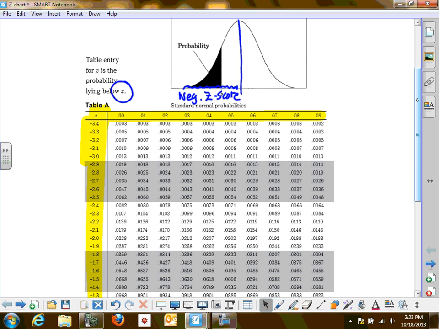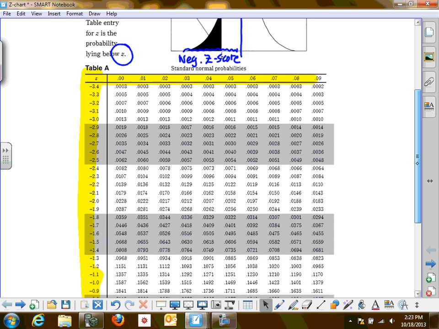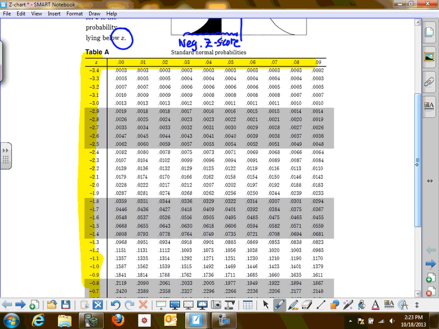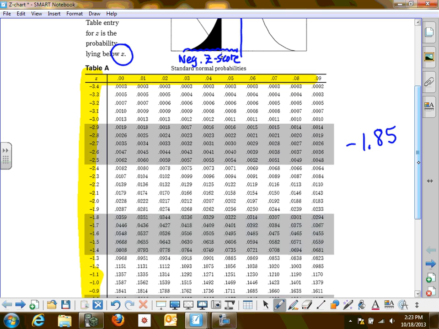Now, let me explain to you what this top bar is. This top bar is just the hundredths place. So the left bar is the whole number and the tenths, and then the top bar is the hundredths. For example, if I wanted to ask you what's the number that corresponds with negative 1.85, let's locate negative 1.85 as a z-score.